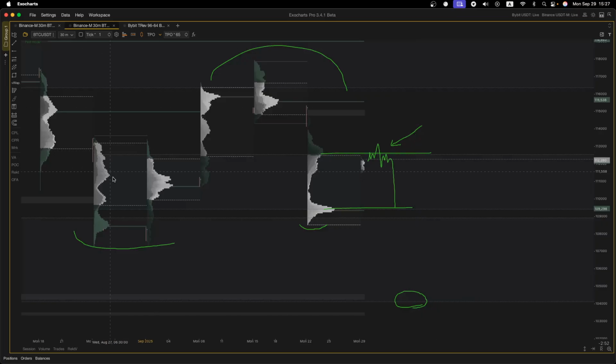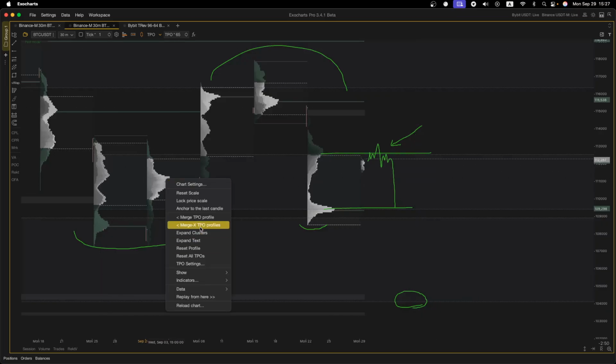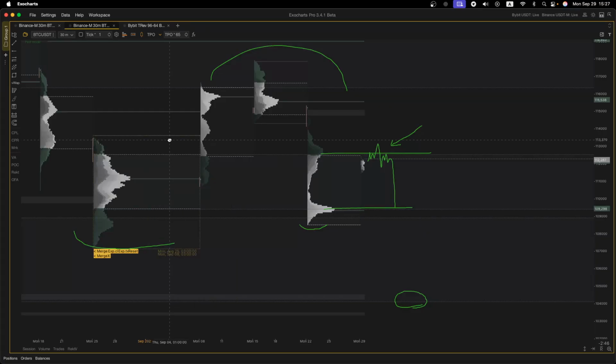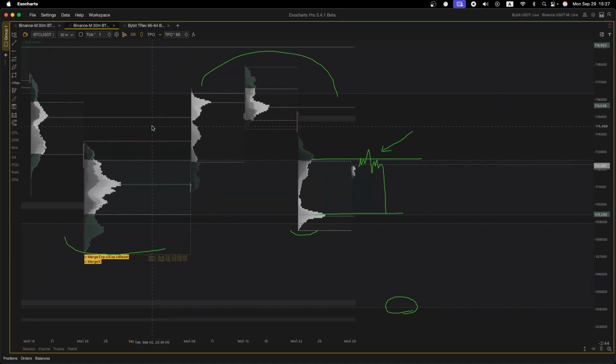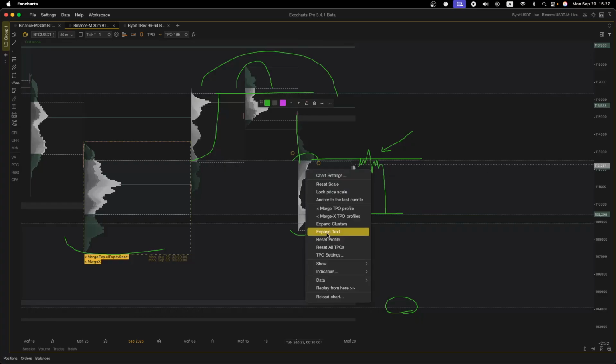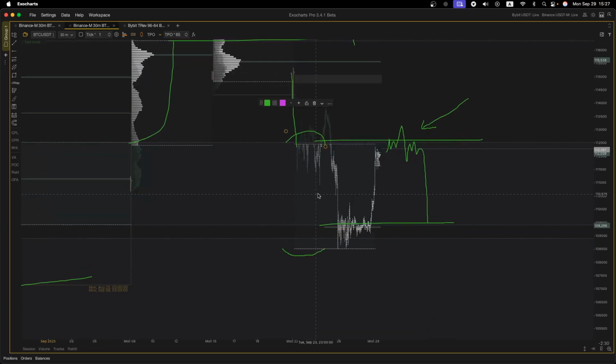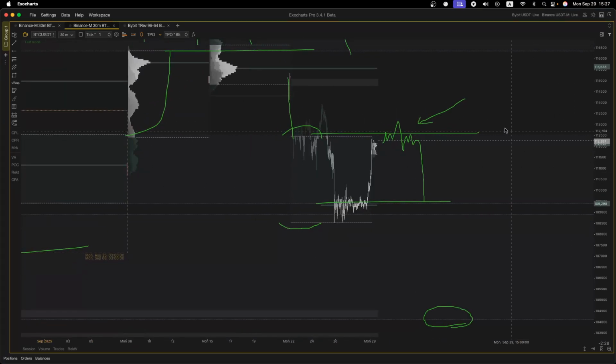This is a 2-week composite. These 2 weeks, if we merge these 2 weeks, we do have a clean composite, right? Where we accepted above, pushed higher, rejected right here, accepted below, and if I expand this, it was pretty clean actually.